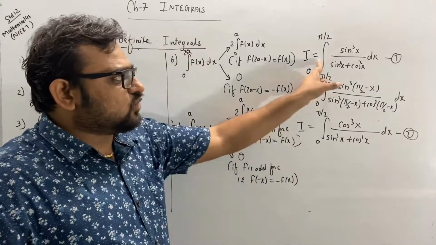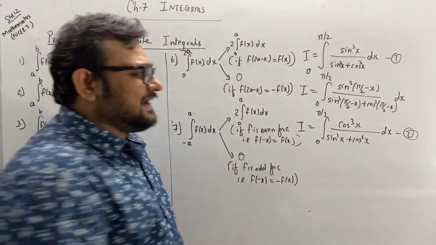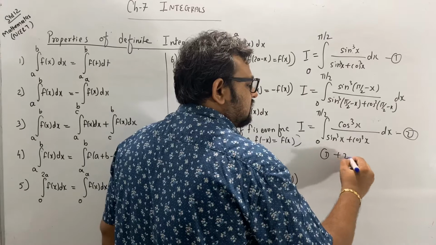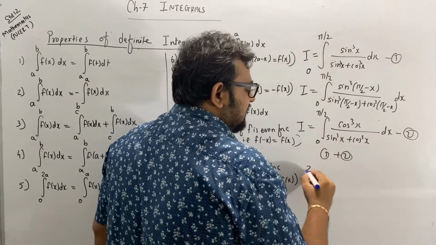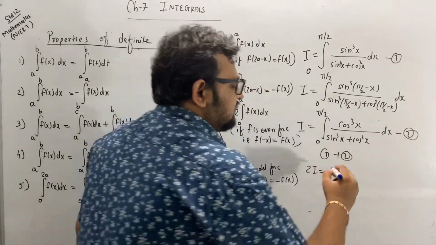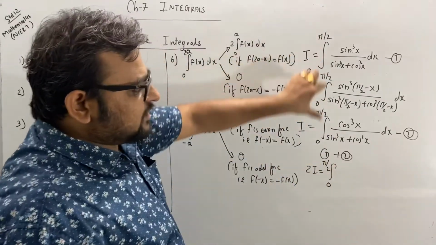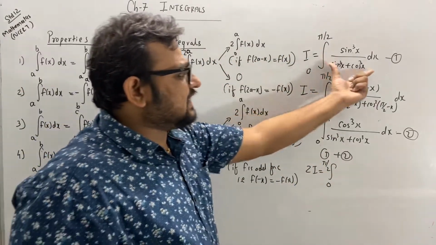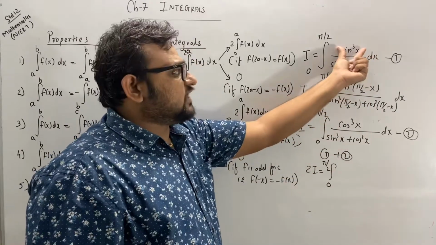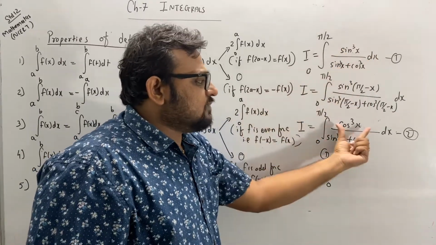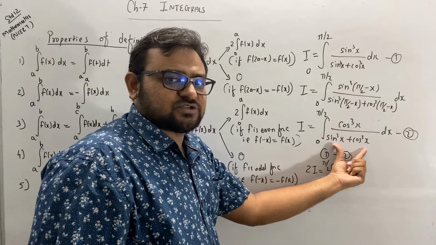Now see, this is 1, this is 2. When I add it, I plus I, 2I, 0 to pi by 2. Okay, so both have the same limit, so I can directly add these both functions. Sin cube x upon sin cube x plus cos cube x plus cos cube x upon sin cube x plus cos cube x.